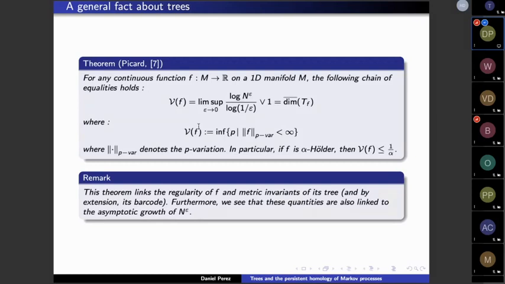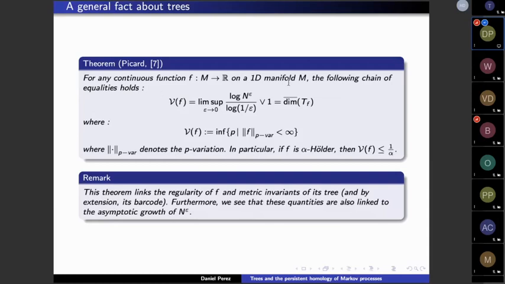So what it is exactly is the infimum such that the p-variation of the function is finite. And so in particular, we will note that if the function is alpha Hölder, then this quantity VF is actually less than 1 over alpha. And so you can see that this theorem is linking metric properties of the tree with the regularity of this function.